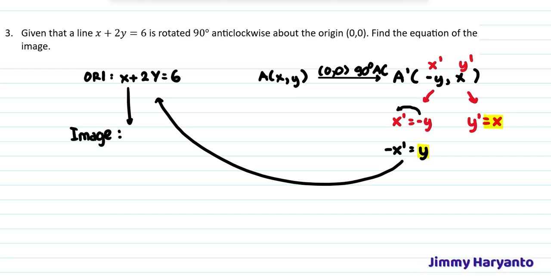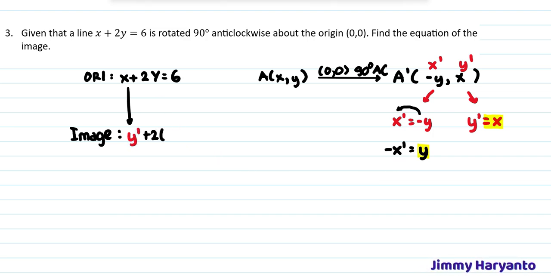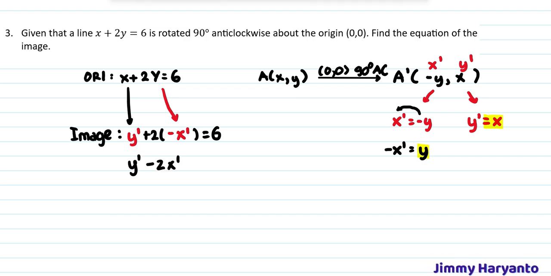So the x will become y prime plus 2 times y, and the y will become negative x prime, and then equals to 6. So y prime minus 2x prime equals to 6. This one is already in the simplest form. That means you can erase the prime, and this is our image.